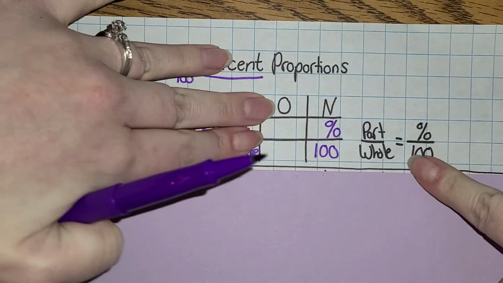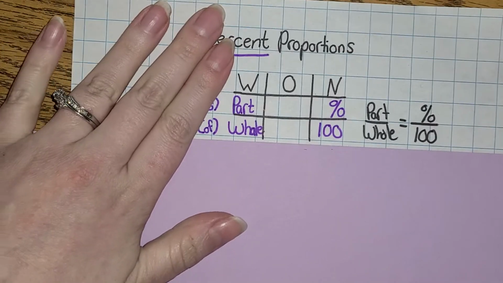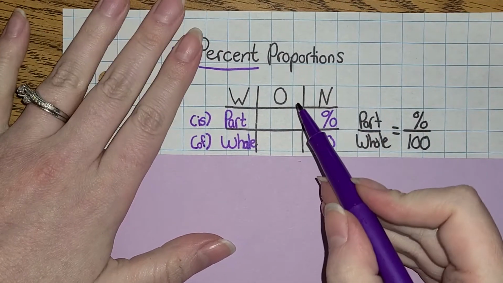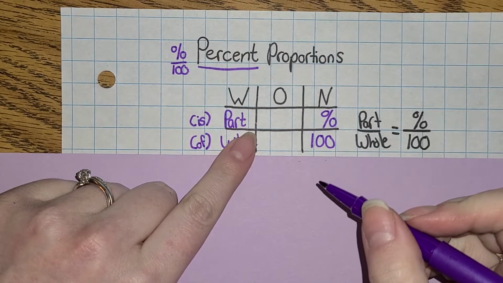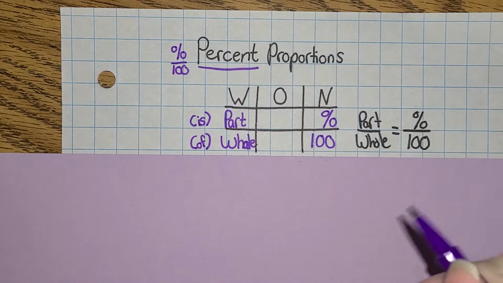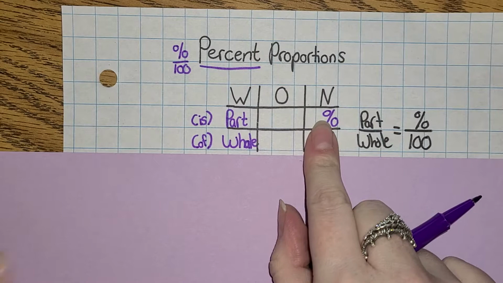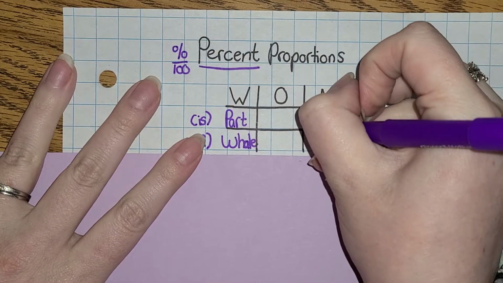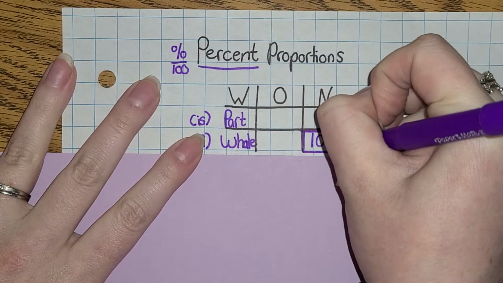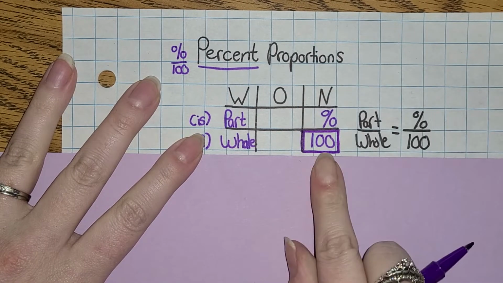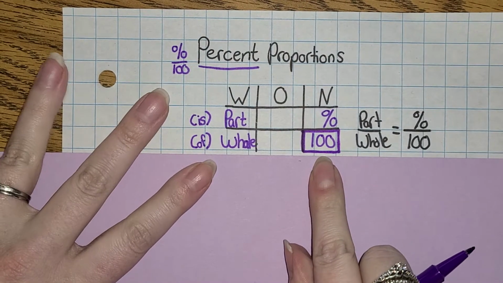It's just pulling it out and putting an equal sign, and you solve it the same. Your 100 here will never ever change. For percent problems, you will never put another number down here. It'll always be 100.